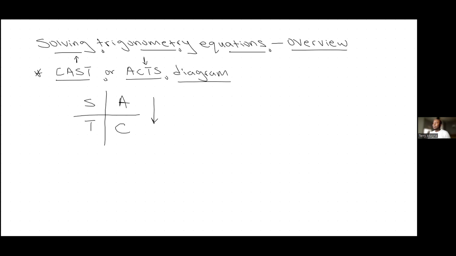Does that make sense? Or if you're going upwards, it's going to be called CAST. All right.